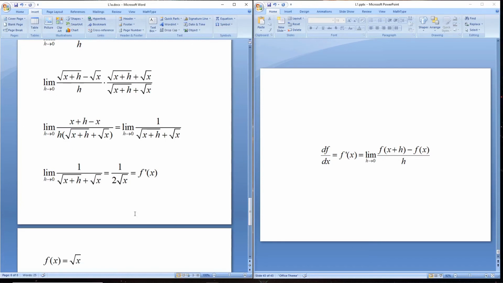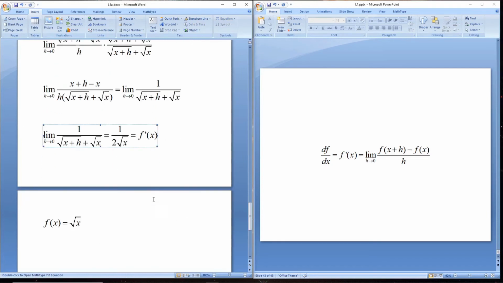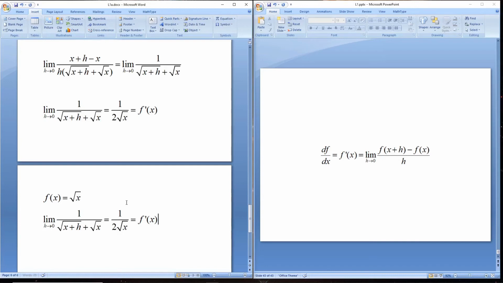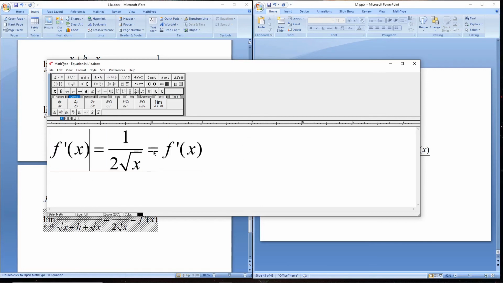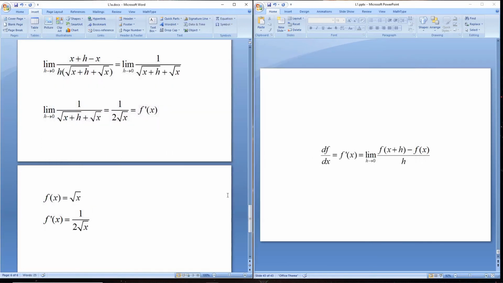So here is our function. And here is our derivative. And the derivative tells us the slope everywhere of the function.